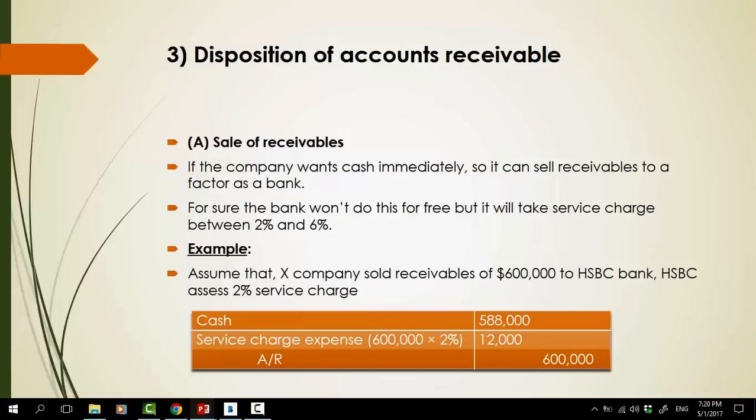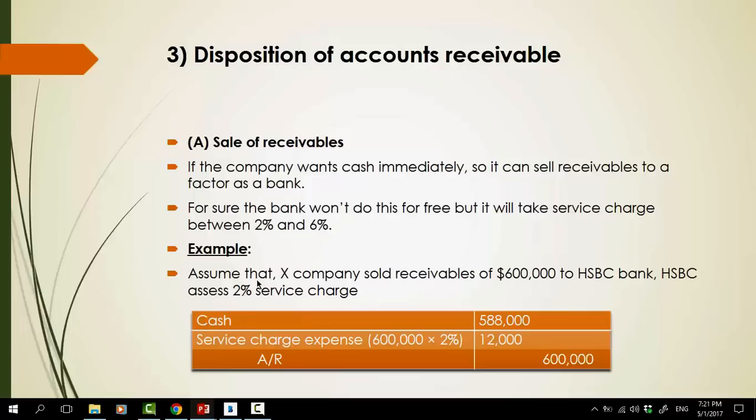Then we will sell the accounts receivable to a factor, such as a bank, for example, and collect our cash immediately. Okay, for sure the bank will not offer this service for free. It will take from 2 to 6% as a service charge.